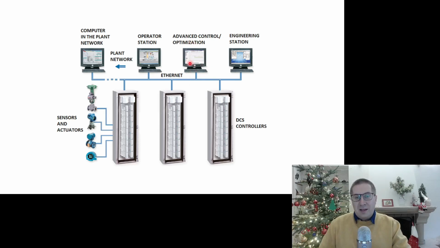So the AI algorithm will be able to read the data from sensors via controllers, calculate optimal decisions and send them back to controllers, and then through the input-output modules to actuators.